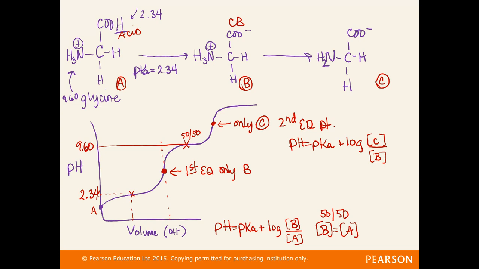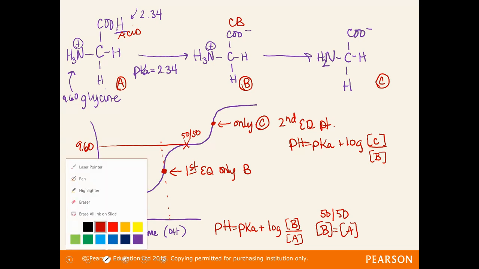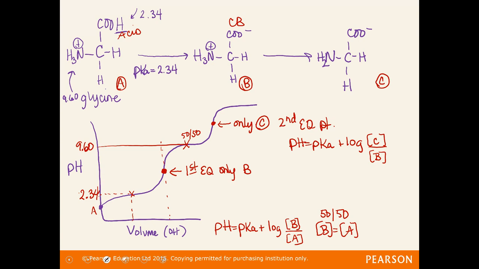Okay, so the important point here is we can use these titration curves to figure out the pKa values of our amino acids. The other important part that really will dominate our discussions will be, what is the structure at pH 7.4?